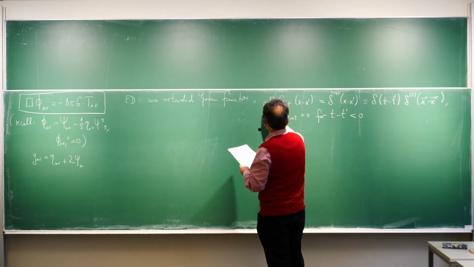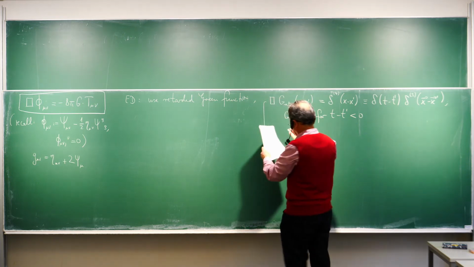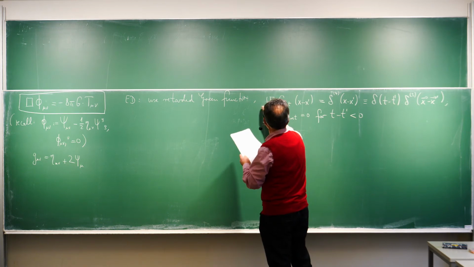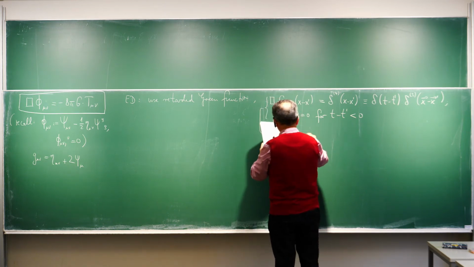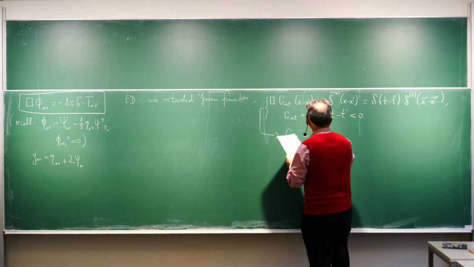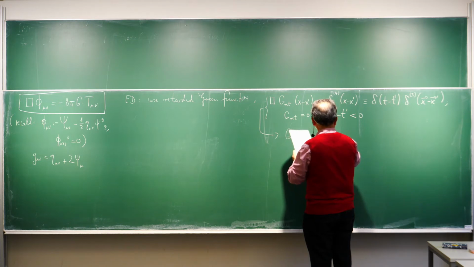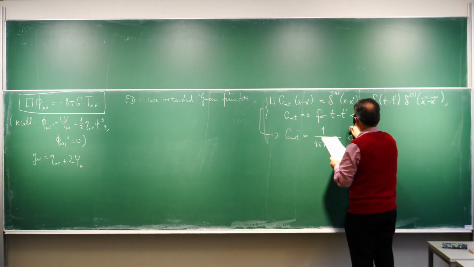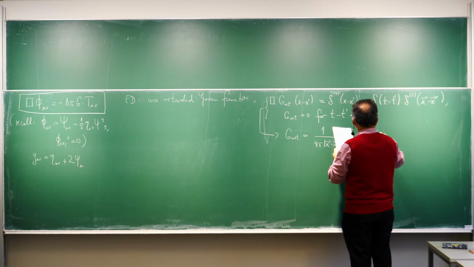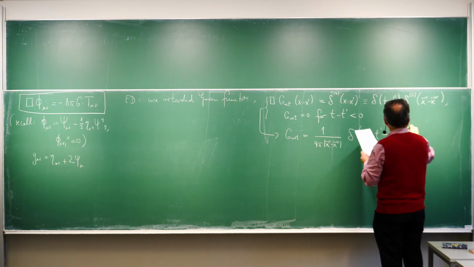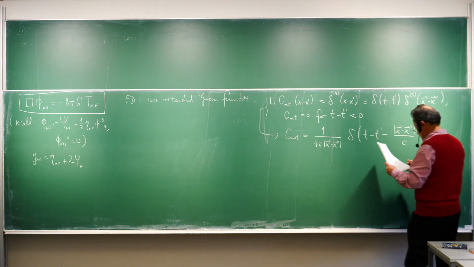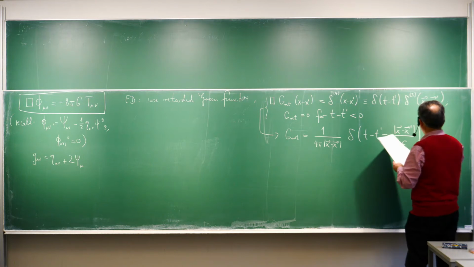So the solution of this is that the G retarded is 1 over 4 pi absolute value of x minus x prime, and then you have the delta function of t minus t prime minus absolute value of x minus x prime over c. So for illustration, I put the speed of light here explicitly.